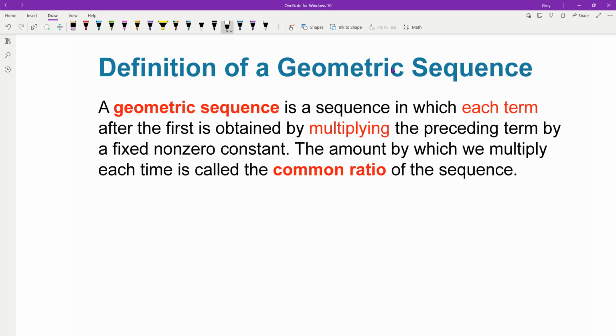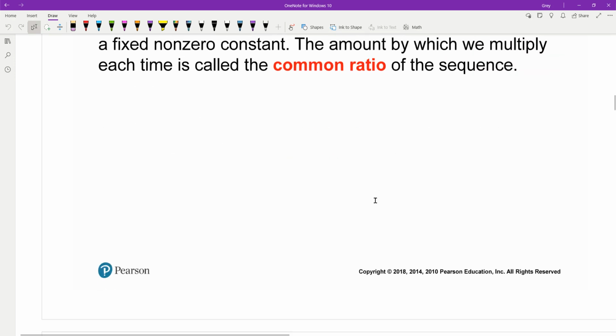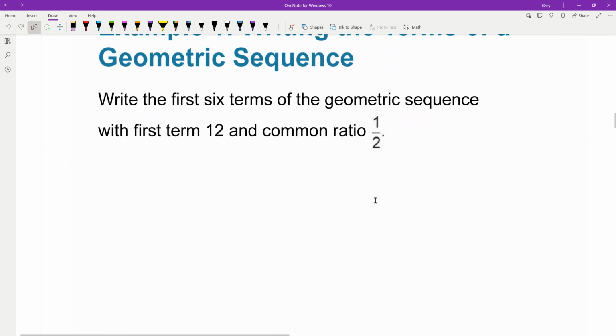So in an arithmetic sequence, we're adding the same thing to get to the next term. Could be a positive or negative number. This time we're multiplying by the same number every time. And that number could be bigger than 1 or less than 1, which would make our sequence get bigger or get smaller.